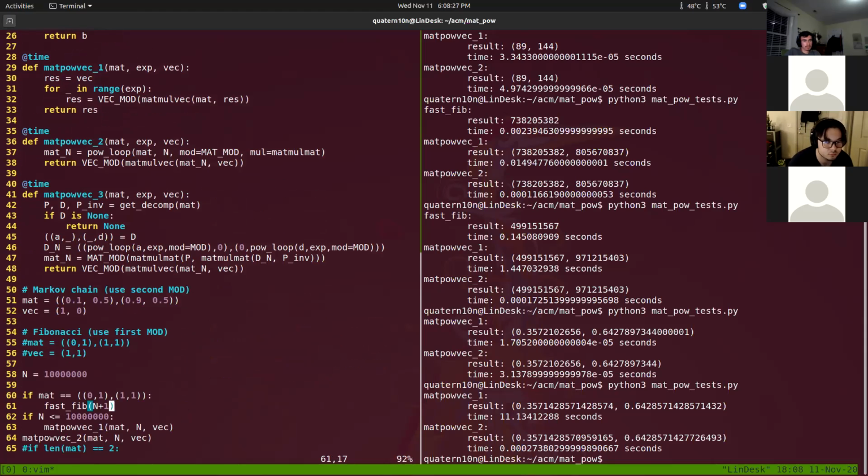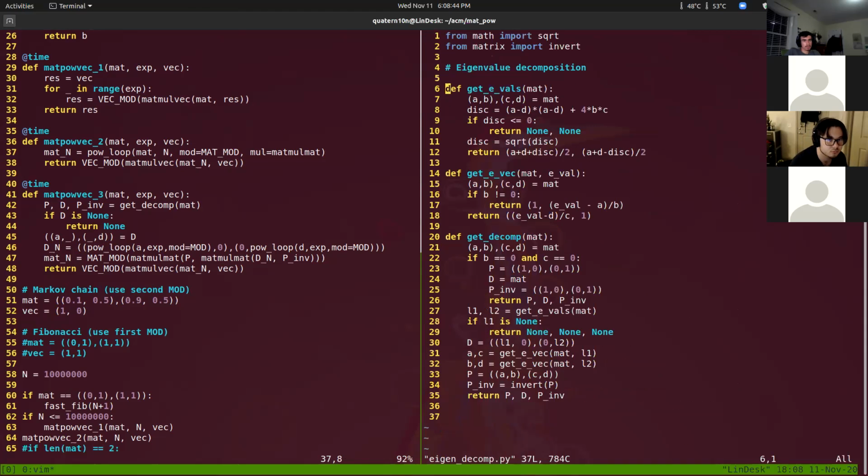So how does this compare? First of all, this is going to be inaccurate. Why? Well, if I pull up this here, you can see in the evals I'm doing subtraction and multiplication, which is all fine, but then I do a square root. The moment I do the square root, everything starts becoming floats or doubles in the background.